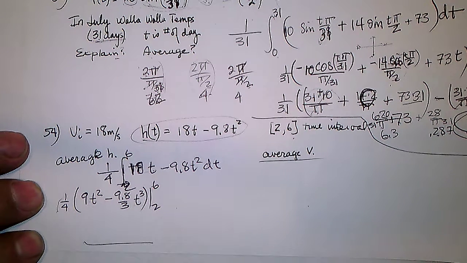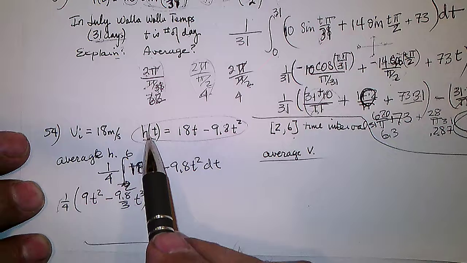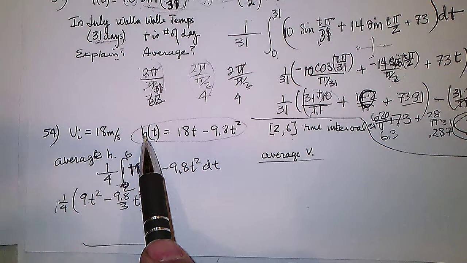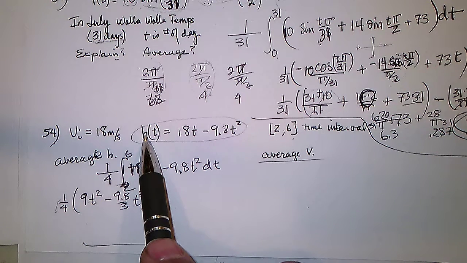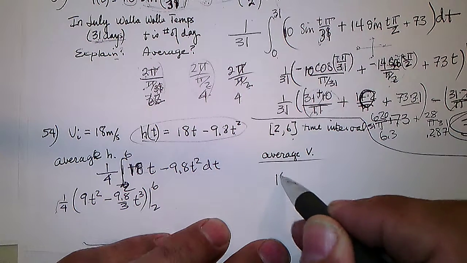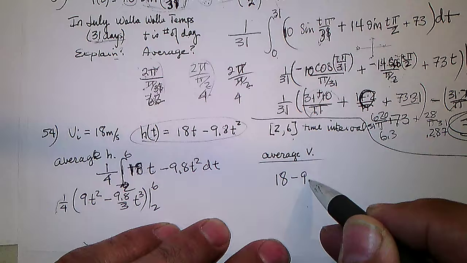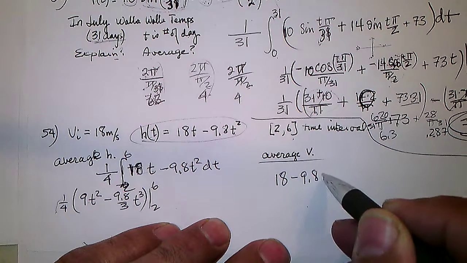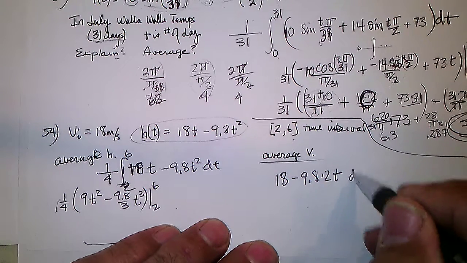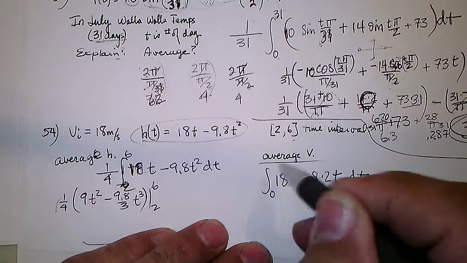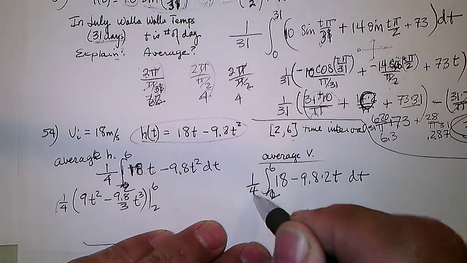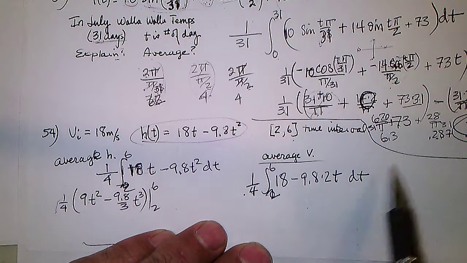Now it said find the average velocity. Well, the velocity is, this is distance, so the vertical velocity would be the derivative of this, which is 18 minus 9.8 times 2t. That's the velocity, dt, integrated from 2 to 6 times 1/4, divided by the width of the interval.